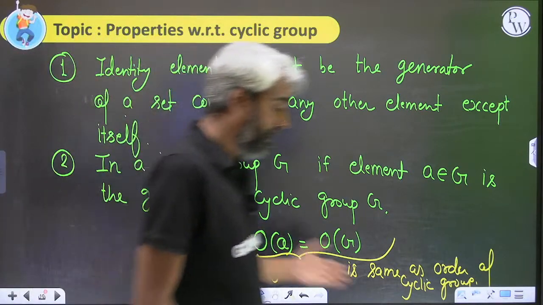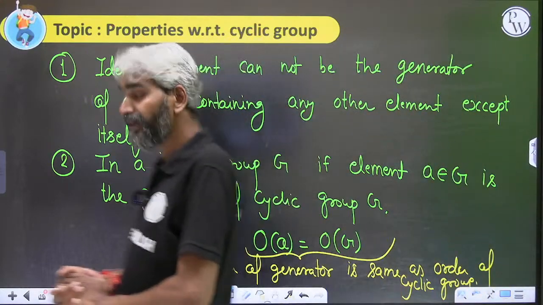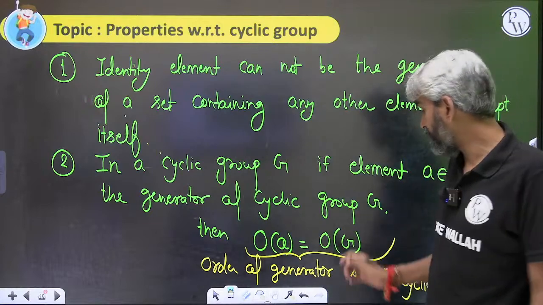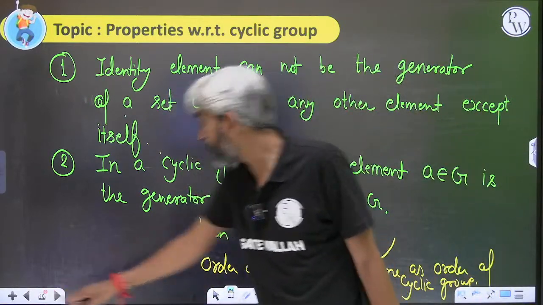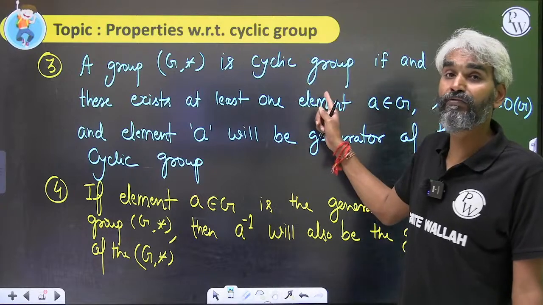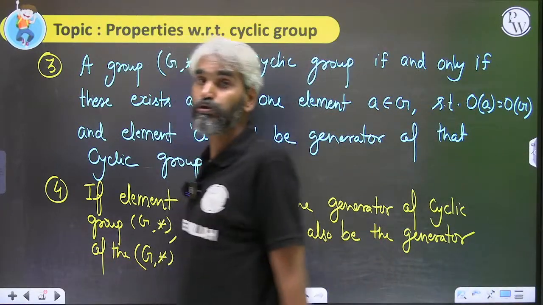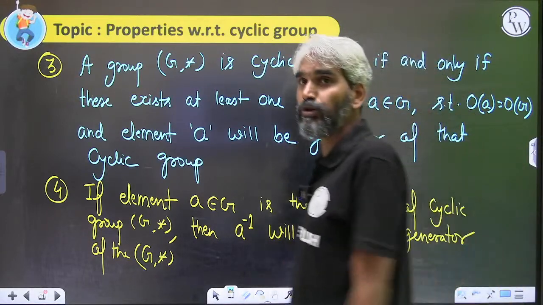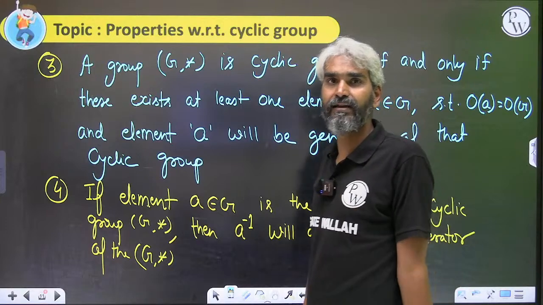Now, apart from that, the only element of the set that can be the generator of the group is the element whose order is exactly the same as the order of the group. So, if there is no element whose order is the same as the order of the group, then the group will not be a cyclic group. If there is any element whose order is the same as the order of the group, then the group is guaranteed to be a cyclic group, and that particular element will be the generator of the cyclic group.